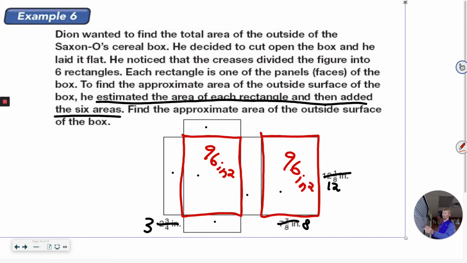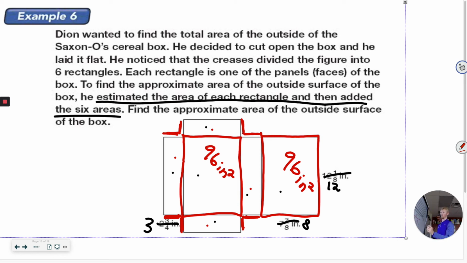Next, we need to find the area of these 4. Okay? So I know that this here is 3. I also know that this here is 3. So those are both 3. And then I know that this here length is 3. This here length is 3. All these short ones are 3 inches. Okay?